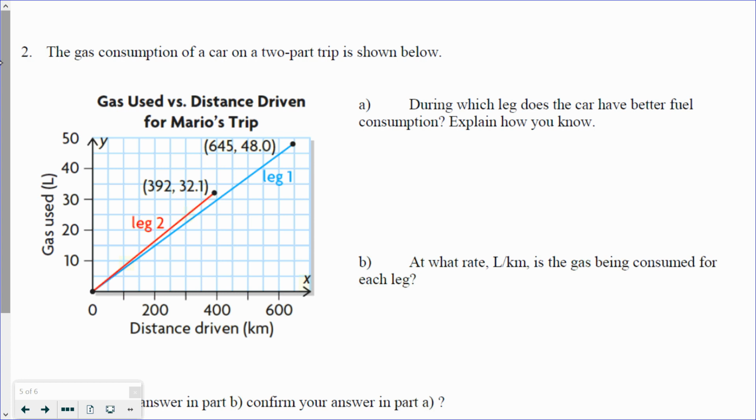So just looking at this graph, we need to think what this means. We have gas used as our y-axis. We have distance driven as our x-axis. So what I'm going to look at is this point here, right around 400 kilometers, or at 392 kilometers.